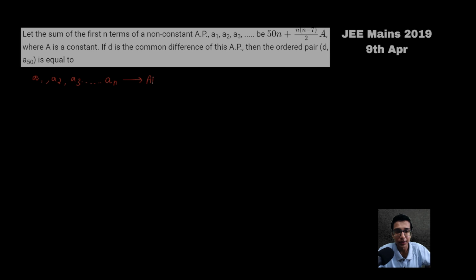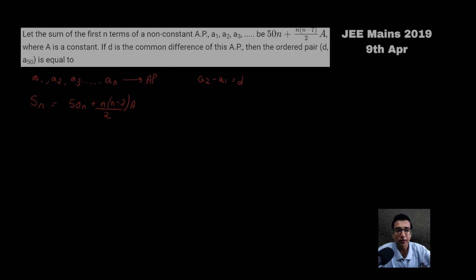This is an AP, and the sum of these n terms is equal to 50n plus n into n minus 7 a by 2, where a is a constant and d is the common difference of this AP. That means a2 minus a1 is equal to d.